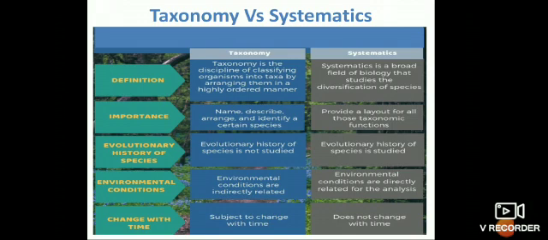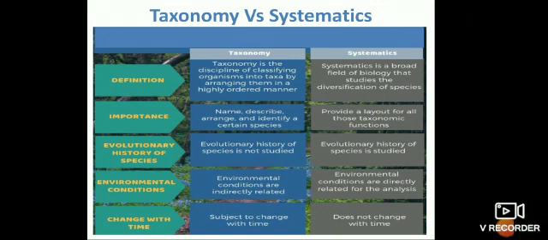It is a discipline in which the organisms are classified under different taxa. Whereas systematics is a broad field of biology that studies the diversification of species. Systematics not only deals with classification, it deals with the diversification of the species. The variation in the species can be seen in systematics.